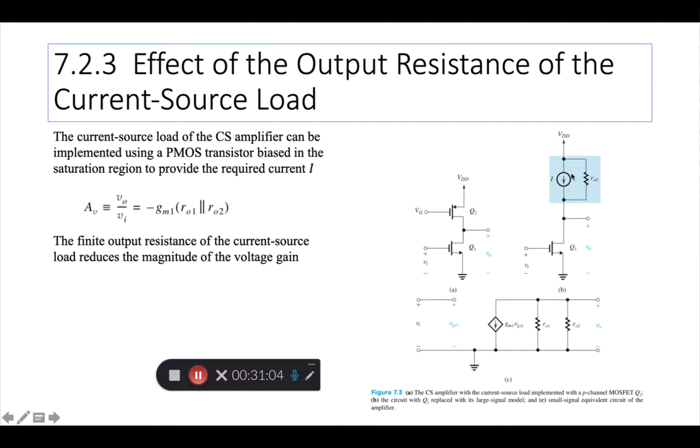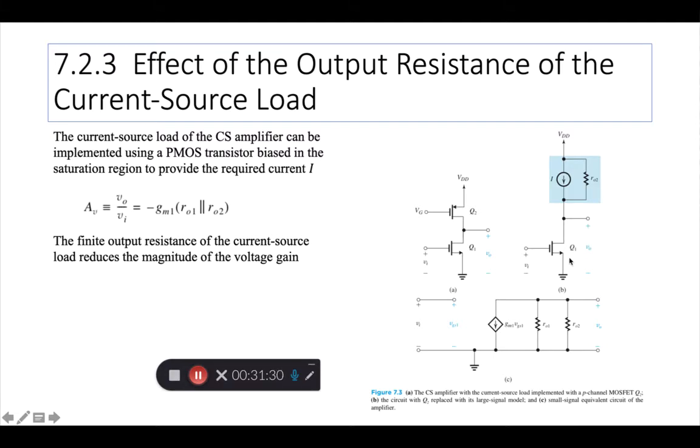It comes with its own issues. We know that a current source generally is shown in parallel with a resistance, while a voltage source has a series resistance, right? That's the Thevenin model, Norton model. But a current source always has its own output resistance, and that is shown in the model as RO2.